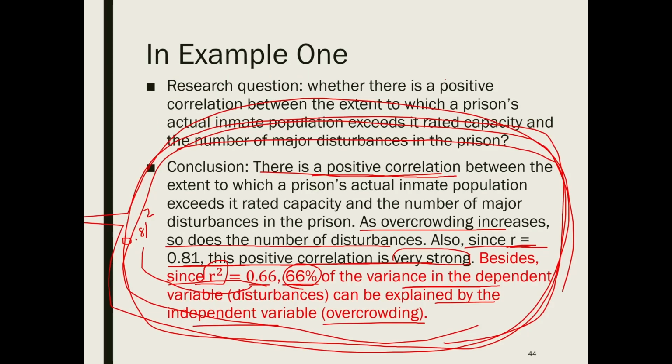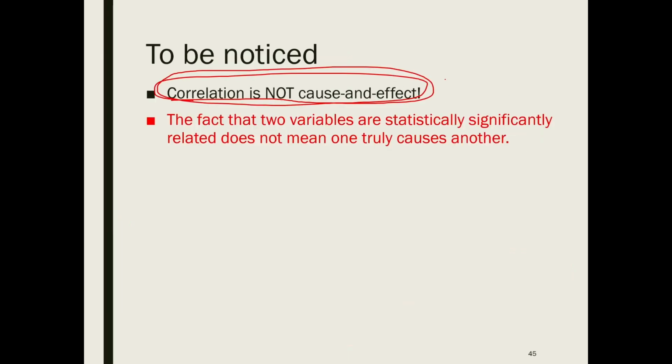Although here we use X to represent overcrowding and Y to represent disturbances, this is only for calculating the correlation. We can only say that overcrowding is significantly related to disturbance. We cannot say that overcrowding leads to disturbance. So this is a big difference between a simple correlation and causality, or the causal effect.